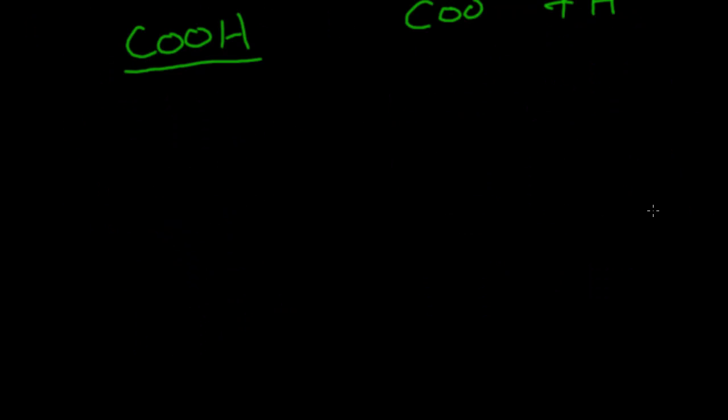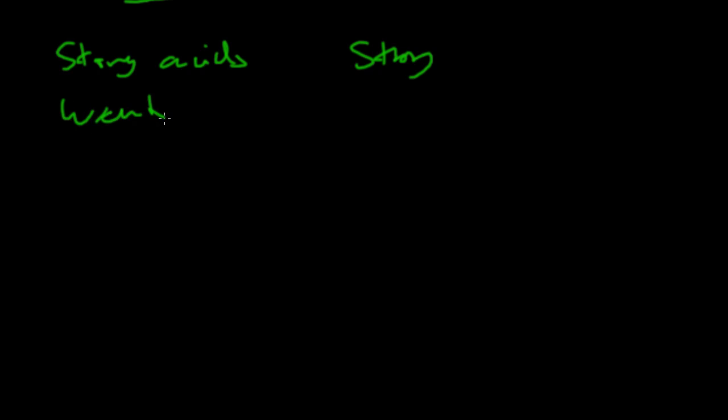Alright, I'll just make a quick point here about OH because it's important. Just as there are strong acids, there are also strong bases. And there are weak acids and there are weak bases.